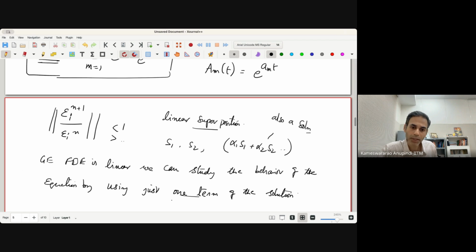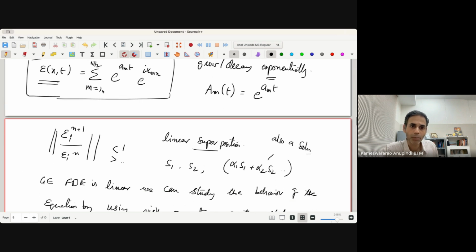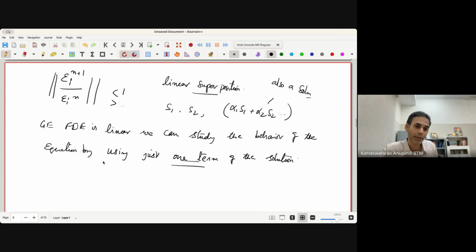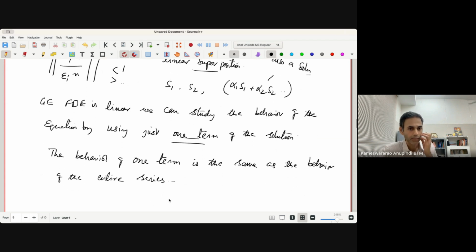What we are saying is that we have several terms here, going from m equals 1 to N by 2, but because the governing equation is linear, the behavior of one term is the same as the behavior of the entire series. As a result, we can discard all other terms and work with only one term.